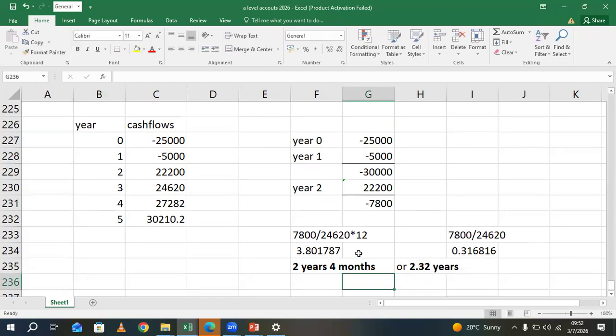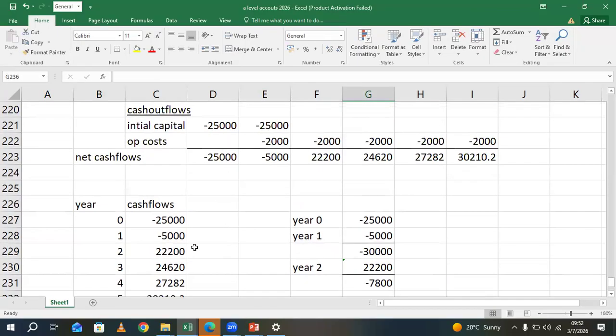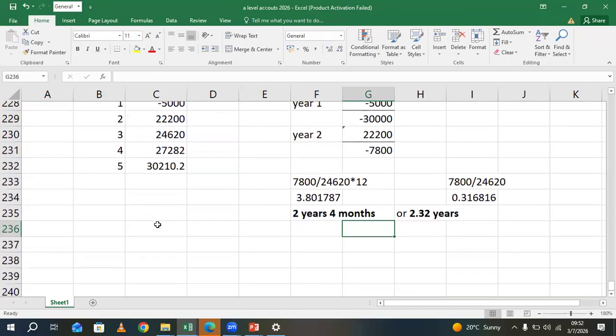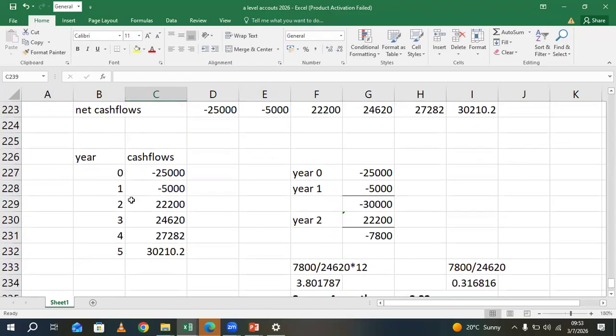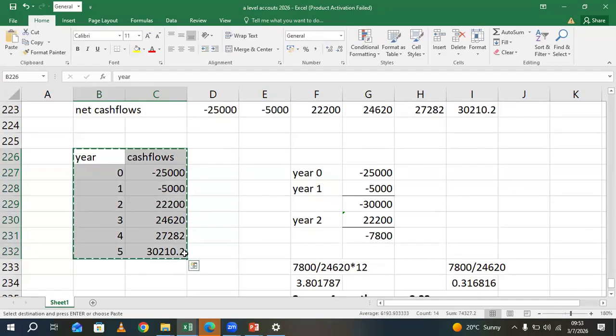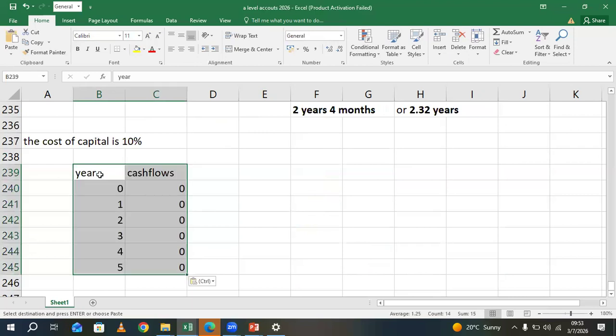If the question had asked for net present value, you then take these cash flows and multiply them. Let's say they say the cost of capital is 10%. Remember, we already have the discounting factors for 10%.